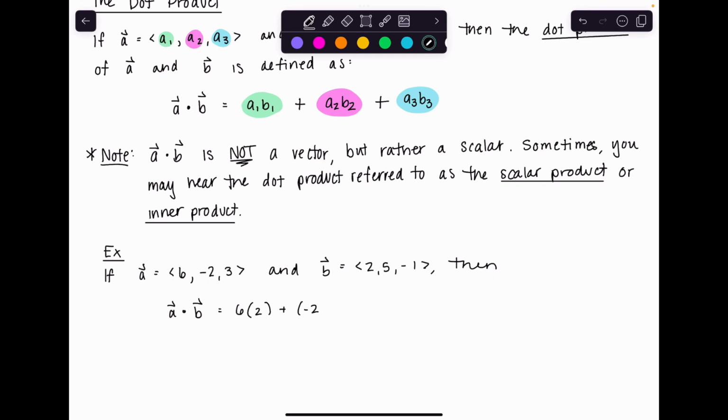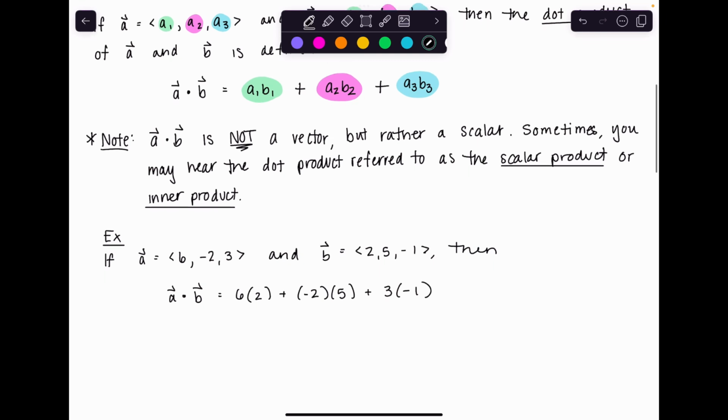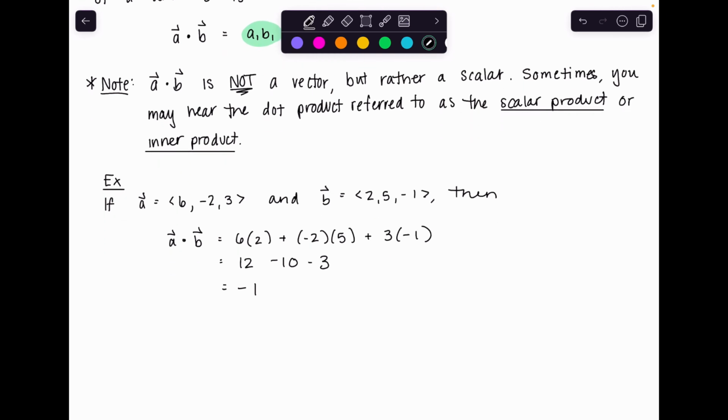In the Y spot is -2 and 5. And Z is 3 and -1. Then we just add these together. So this is 12 minus 10 minus 3. The resulting dot product between these two vectors is just the number -1. That's why it's called the scalar product: it results in a scalar number, not a vector. To give you some insight, when we do the cross product, that will result in a vector instead.